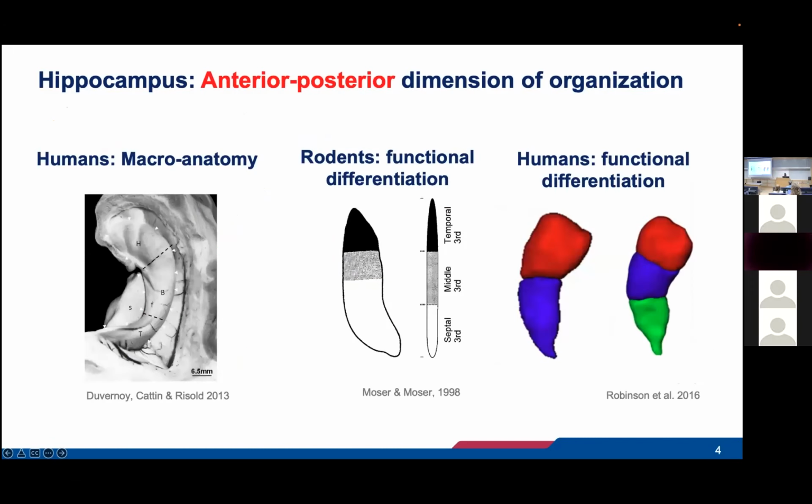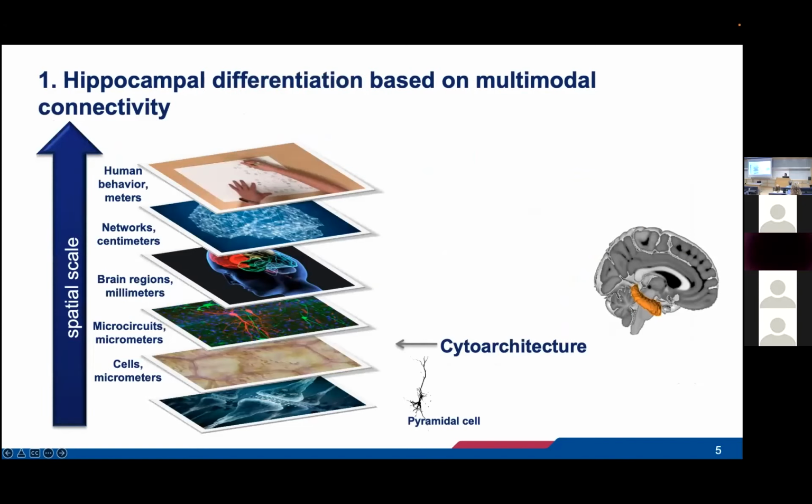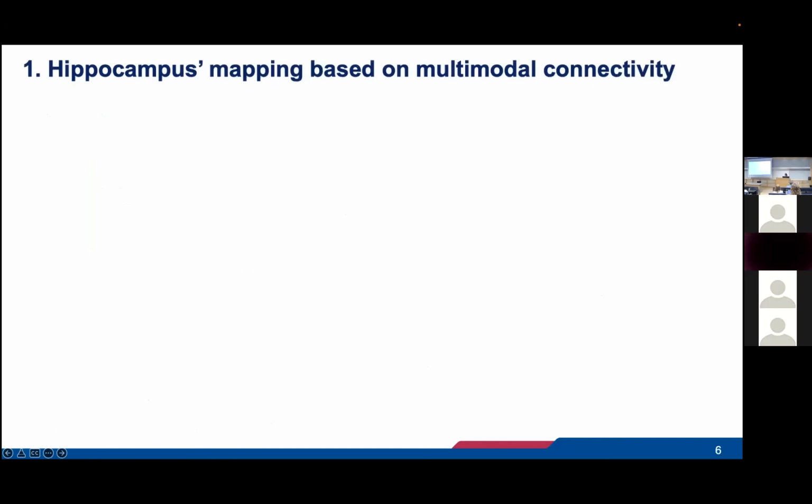However, we can also describe hippocampal organization in the anterior-posterior dimension, which was done based on macroanatomy and function in rodents and humans. So far, we have a lot of knowledge of how the hippocampus is organized based on its cytoarchitecture. But we were lacking at this time a differentiation pattern based on large-scale networks. And this is what I did in my first study.